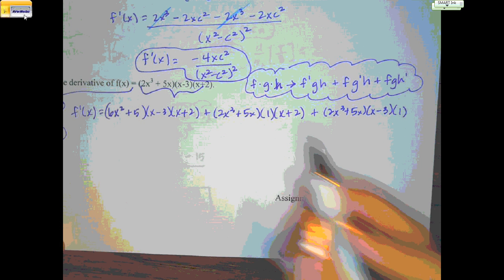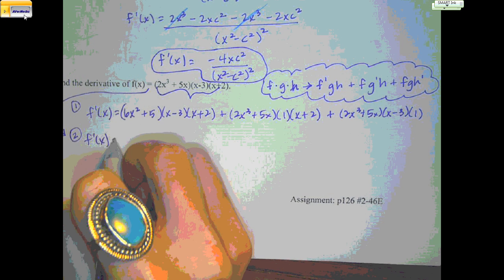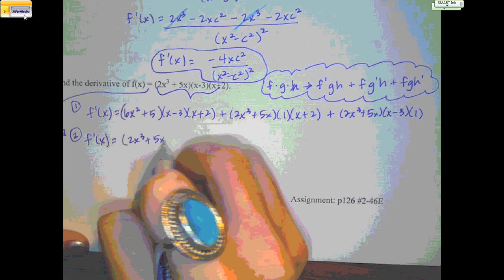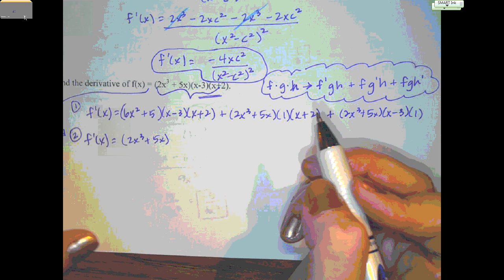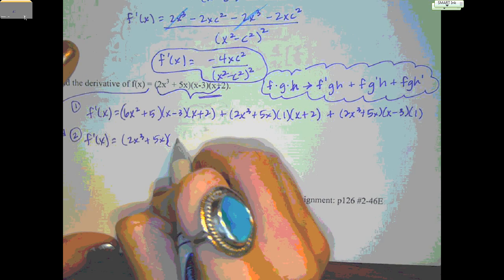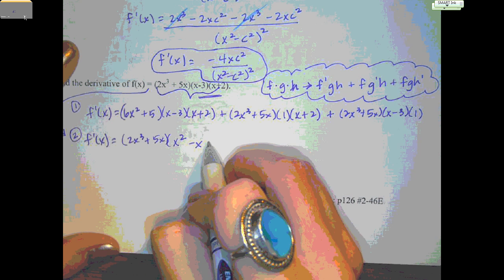Here's your second option. Derivative of f of x is, let's leave the first one alone. And these last 2, we can foil those super fast. First, outside, inside, last. You're going to get x squared, the outer and inner terms combine to negative x, and then minus 6.